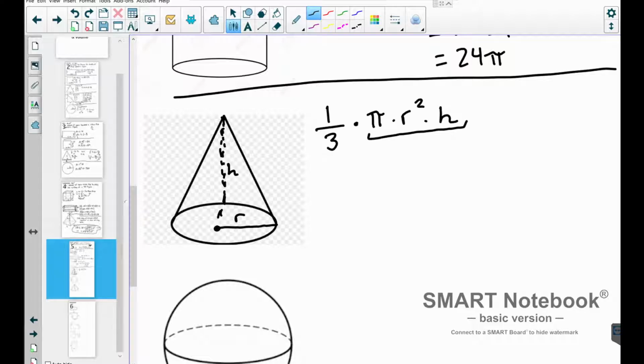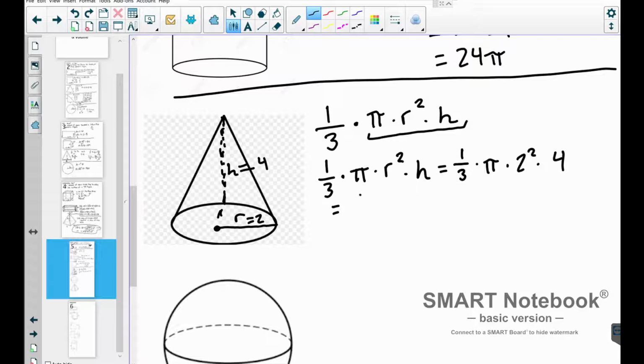So let's say that we have a radius of 2 and a height of 4. Let's plug this in. We have 1/3 times pi times radius squared times height, which is going to be equal to 1/3 times pi times our radius squared, which is 2 squared, times our height, which is 4.